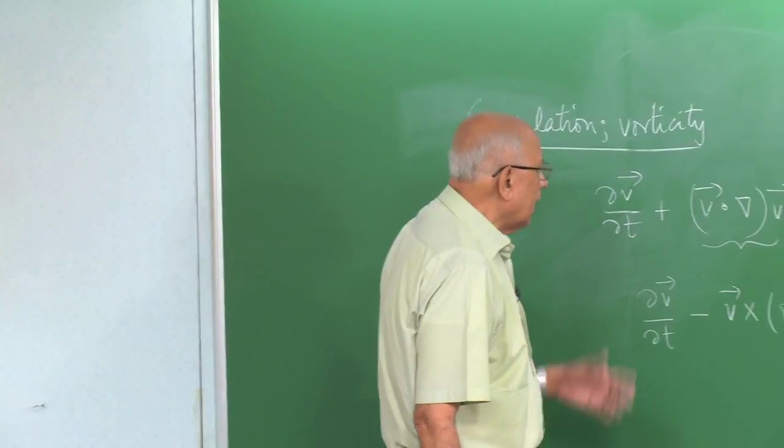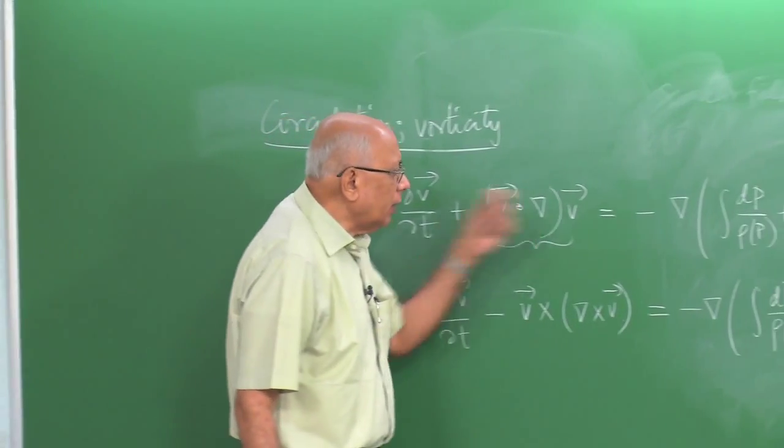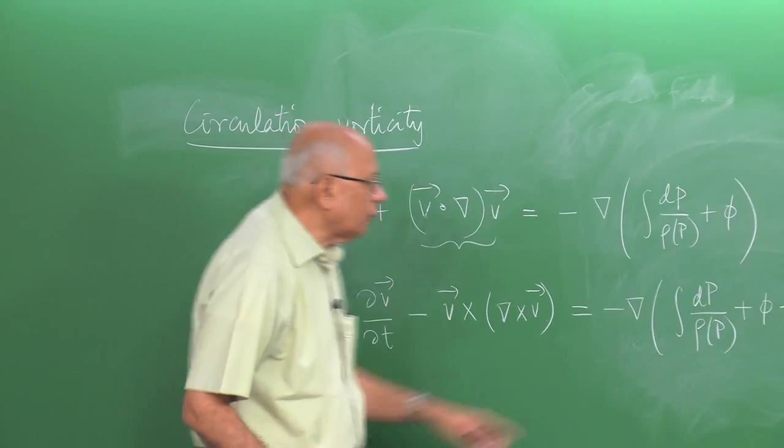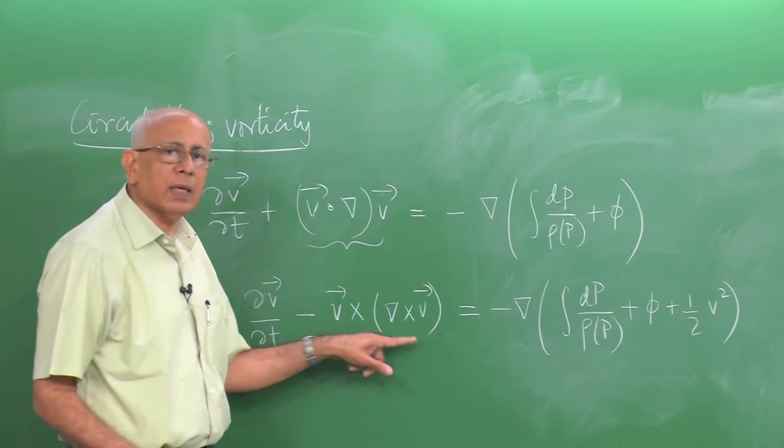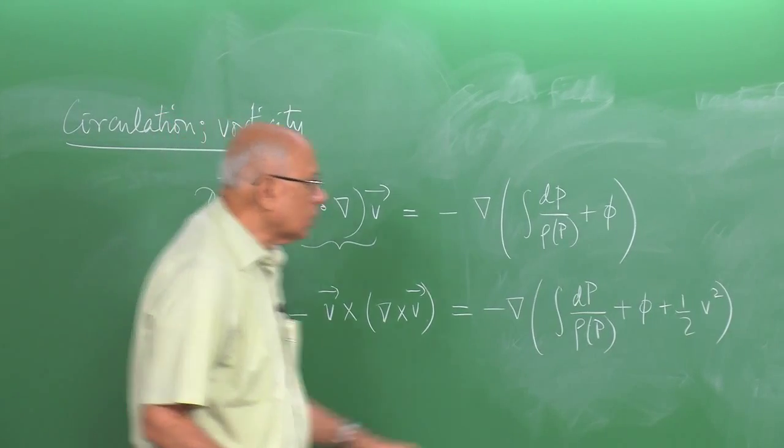So, the statement is V dot del V is the gradient of half V squared, which I bring to this side, minus V cross the curl of V itself.